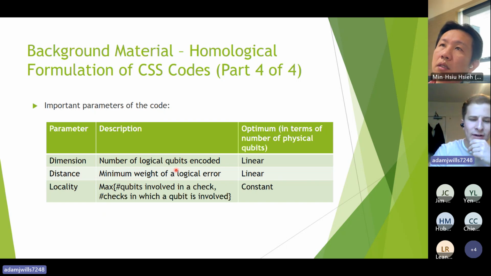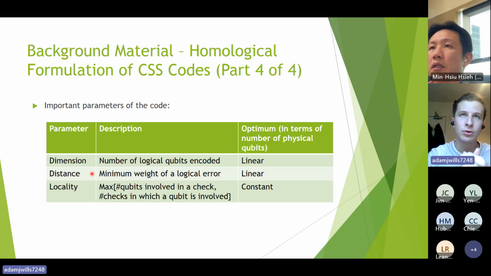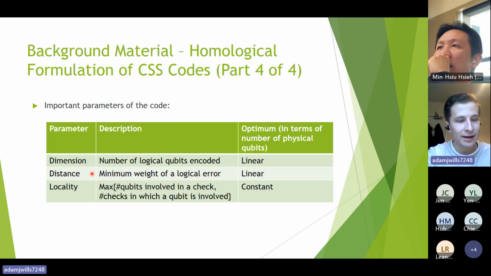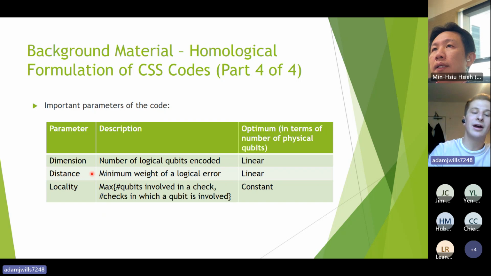So you want that to have high weight, because making reasonable assumptions about your noise, let's say roughly that the noise is acting independently on qubits and it's fairly unlikely, then high weight errors like these logical errors are, we hope, going to occur less. That's the idea.